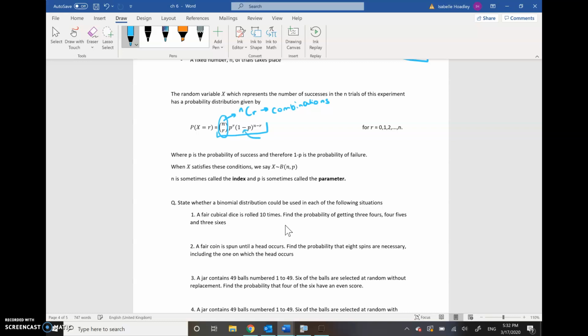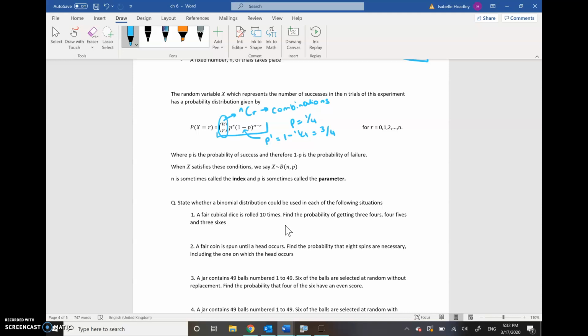For example, that 1 minus p: if your probability of success is 1/4, that 1 minus p tells you your probability of failure, or not success, would be 1 minus 1/4, which is 3/4. And that's to the power of the opposite number, so your not successes.